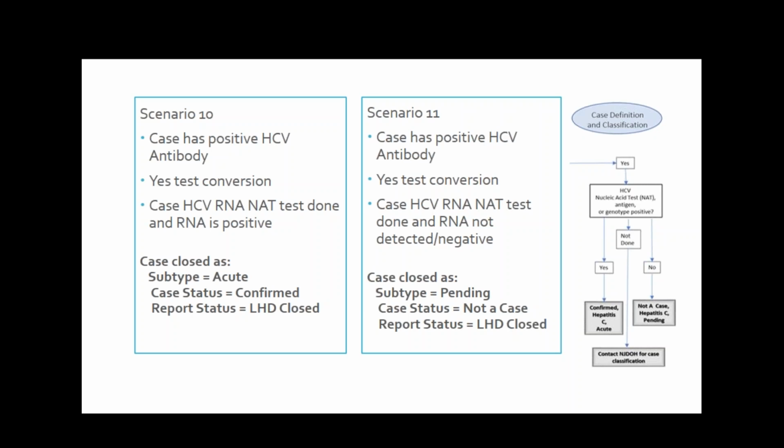Then the case is closed as subtype pending. Case status, not a case. Report status, LHD closed. And we ask that for any other situation that NJDOH will be contacted for case classification.